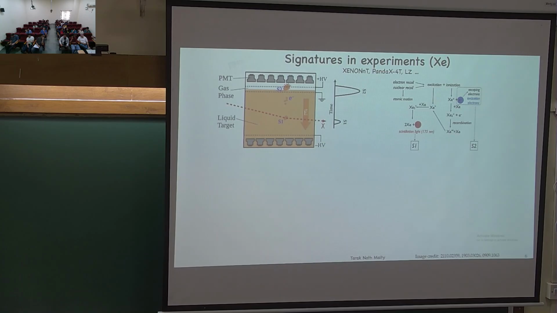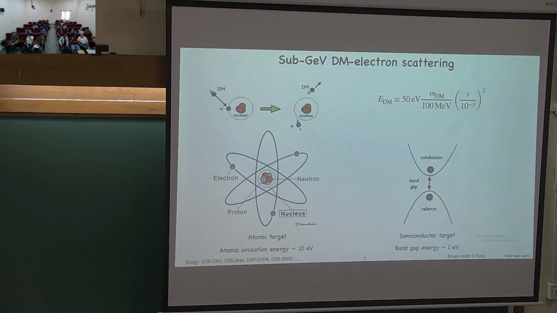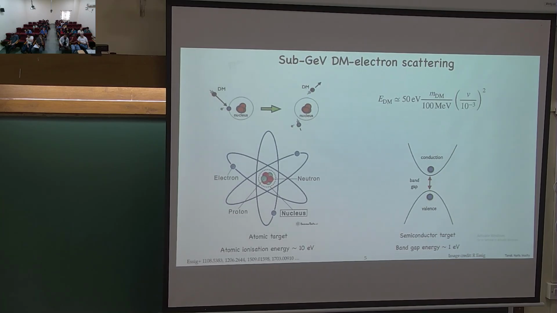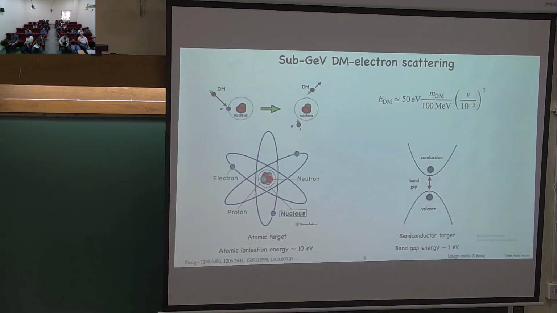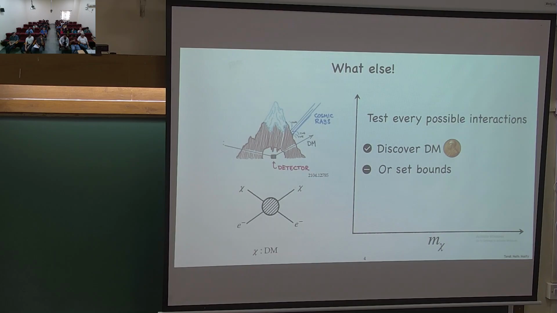In the previous slide we showed the interaction of dark matter and electrons. What kind of interaction should it be? This is just elastic scattering between dark matter and an electron. It could be a photon interaction, or it could even be mediated by a particle too.